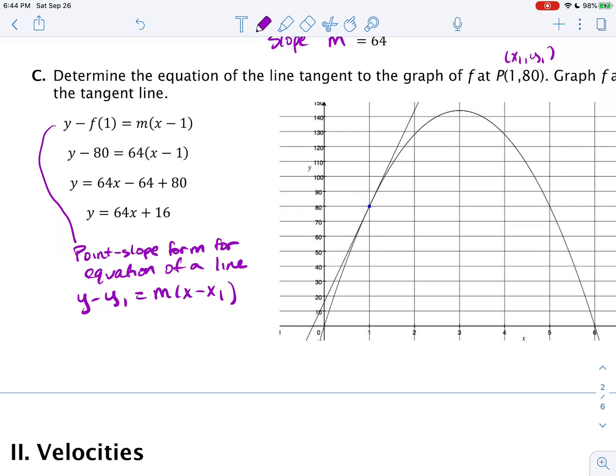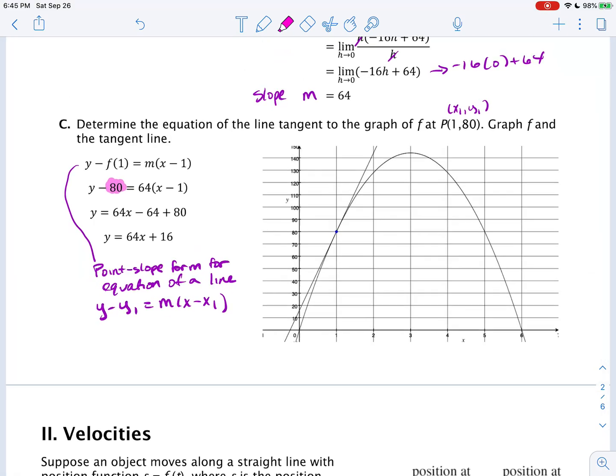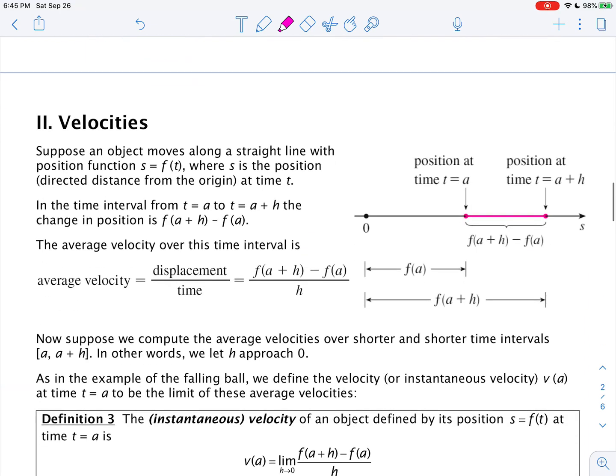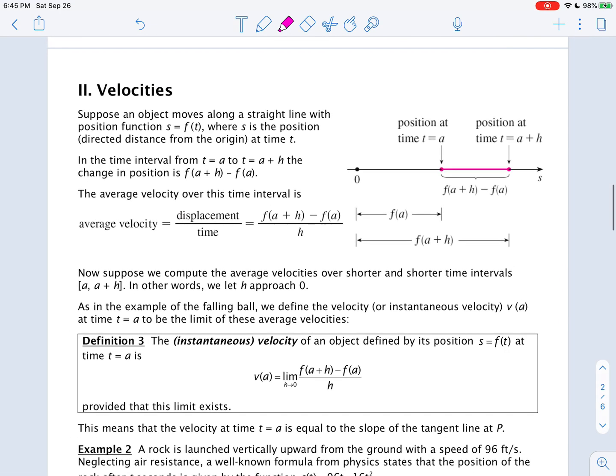And so you do see that your y minus y1 would be f of 1, and so we would be putting in 80. And your a, or your x1, is equal to 1, and your slope is 64. And you would want to simplify by collecting all of your terms on the other side so that you are in the slope-intercept form, mx plus b. Good. All right, so that's pretty simple.